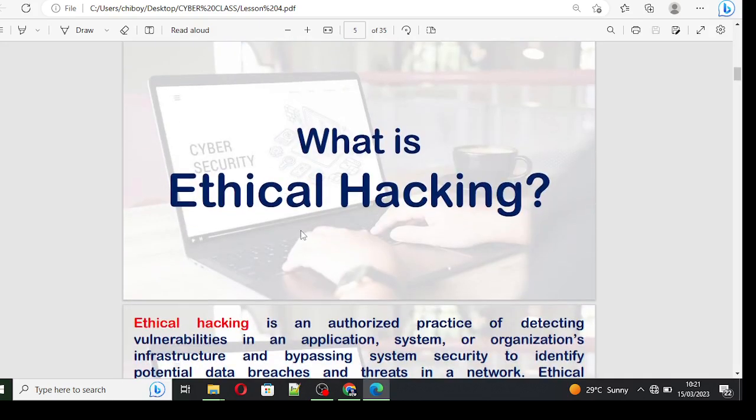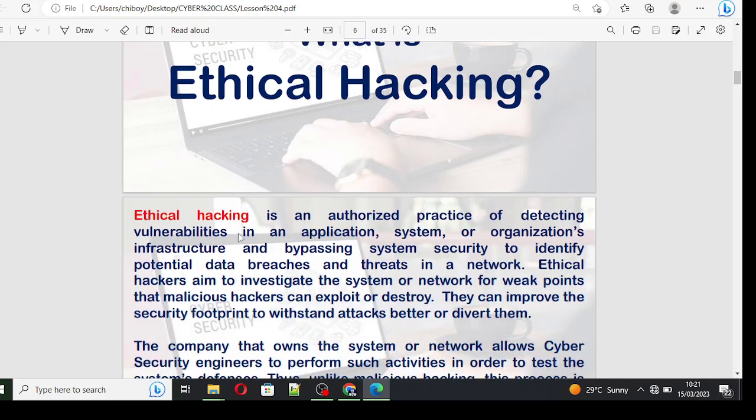Now, what is ethical hacking? In my own definition, ethical hacking is an authorized practice of detecting vulnerabilities in an application, system, or organization's infrastructure and bypassing system security to identify potential data breaches and threats in a network. Ethical hackers aim to investigate the system or network for weak points that malicious hackers can exploit or destroy.